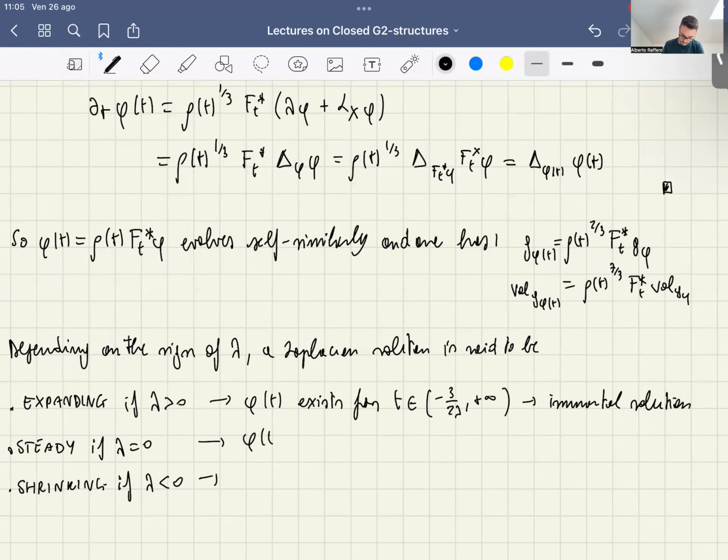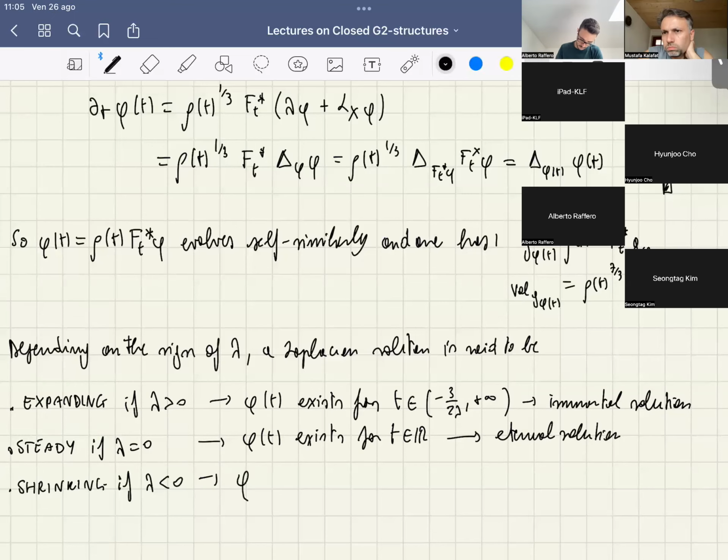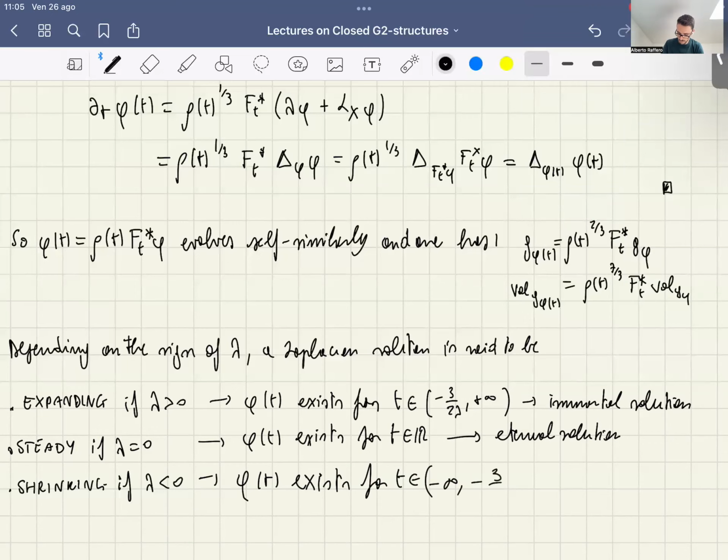In the second case, Phi exists for all real t's, and so you get an eternal solution of the flow. And finally, Phi, when it is shrinking, exists for t in an interval (-infinity, -3/2 lambda), and so it gives you what is called an ancient solution.